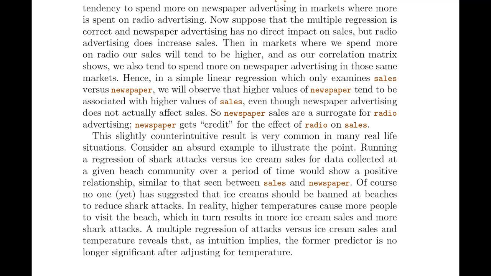Of course, no one has suggested that ice creams should be banned at beaches to reduce shark attacks. In reality, higher temperatures cause more people to visit the beach, which in turn results in more ice cream sales and more shark attacks. So it's temperature that's driving both of them. If you ignore temperature, it would appear that one is driving the other.